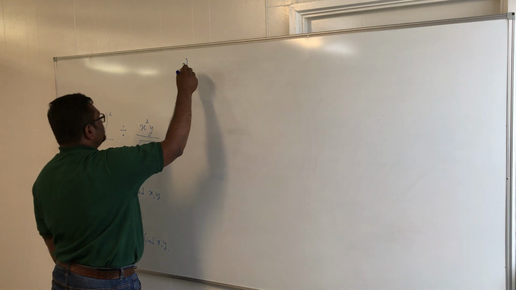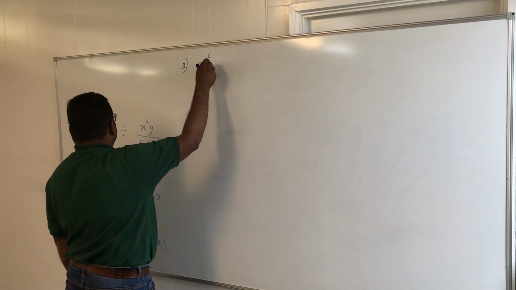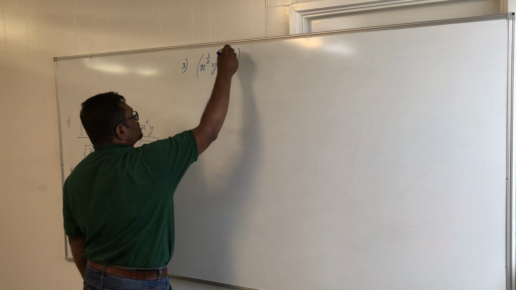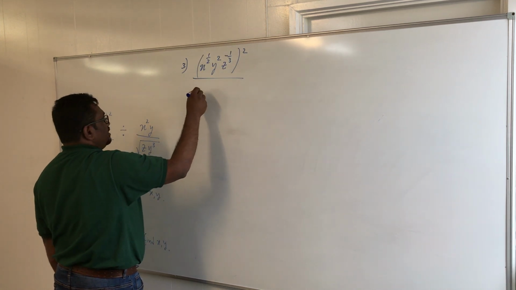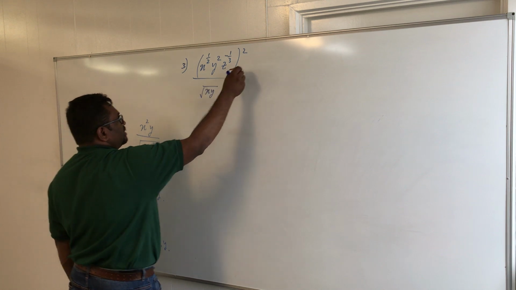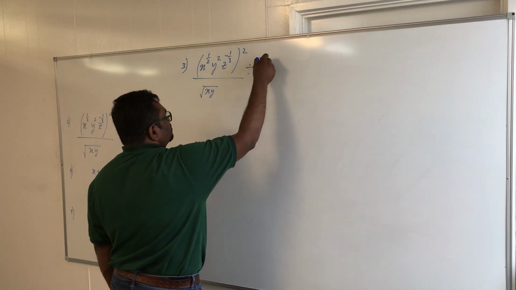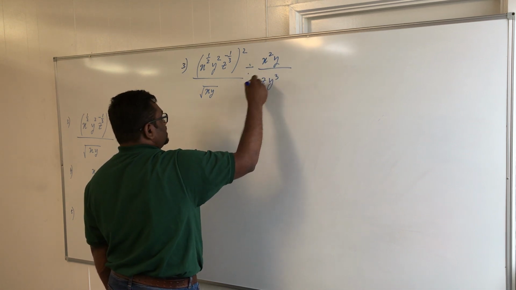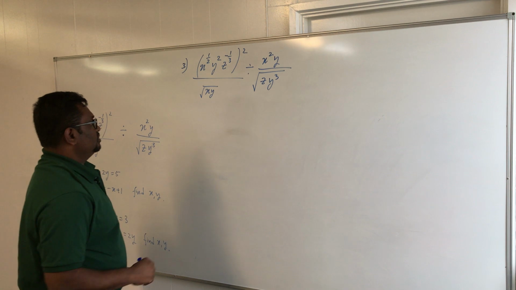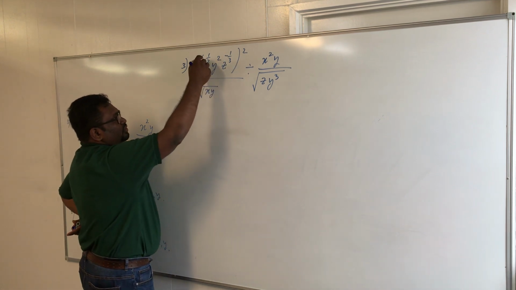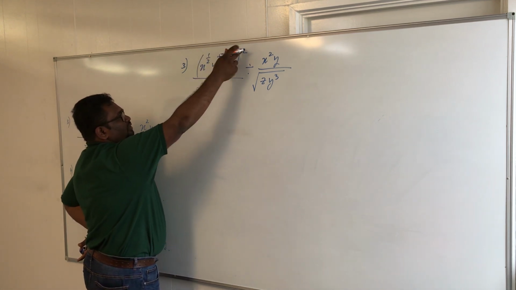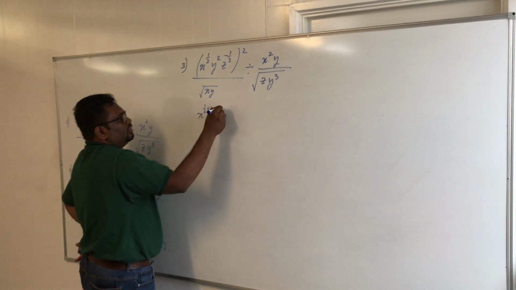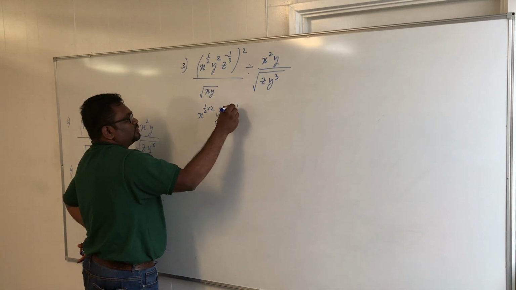If you have x half y2 z minus 1 divided by 3 square divided by xy square root divided by x squared y divided by zy3 square root, right? So now what we will do, we will multiply this one with this. So it's going to be x half times 2, y 2 times 2, z minus 1 divided by 3 times 2.